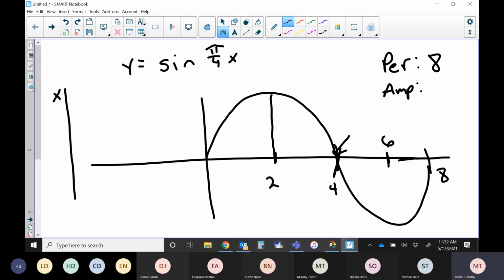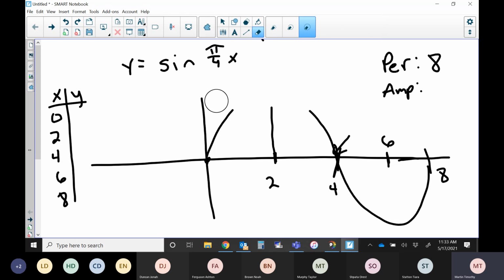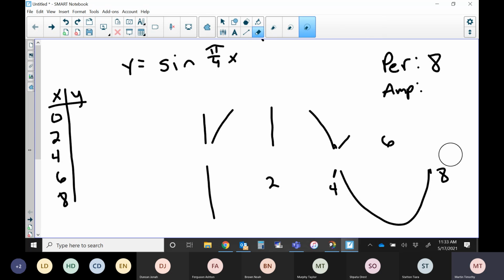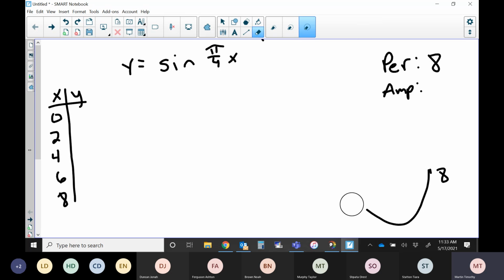Now, why are those important? Because those are going to be my inputs that I'm going to put in here. The first one is 0. I'm going to put in for x, then 2, then 4, then 6, and then 8. Thinking about that gets me my inputs. It gets me my 5 most important points to get this graph started.